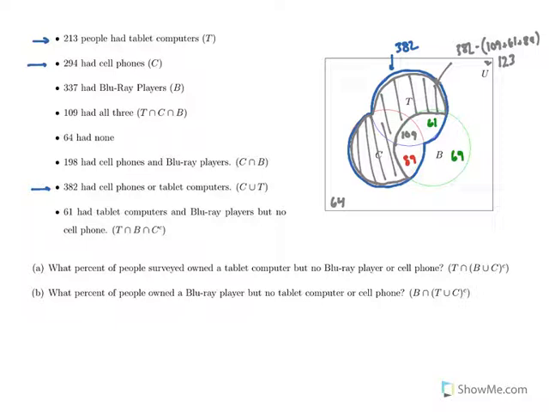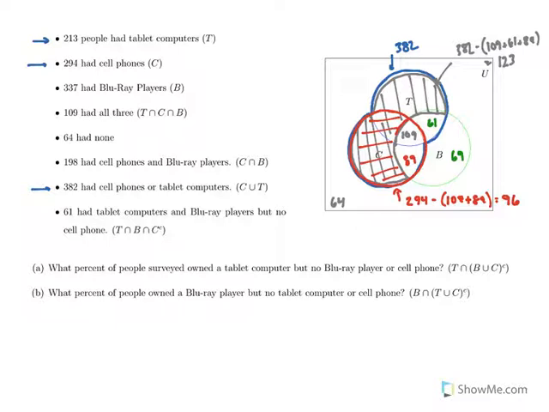We also know that, for instance, in the cell phones, we have 294 had cell phones. So that's this circle. That means this chunk here, this crescent moon, is going to be 294 minus those pieces, the 109 and the 89, which will give us 96.